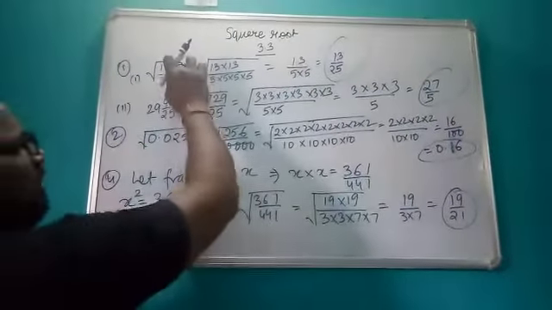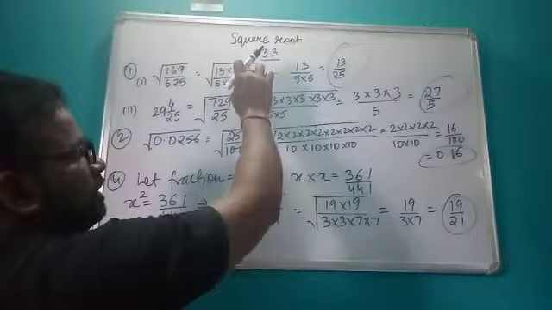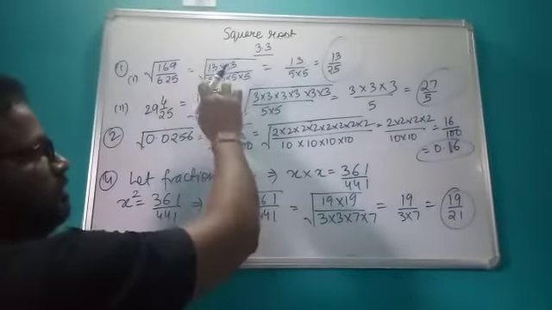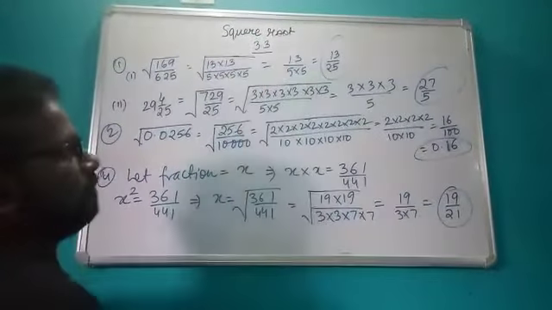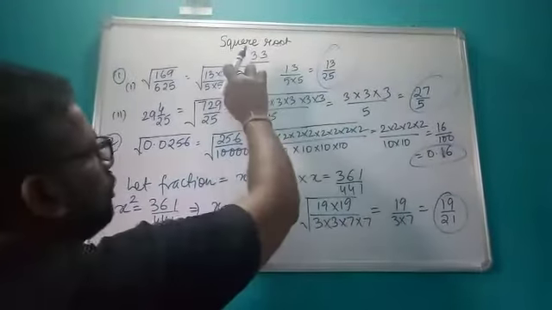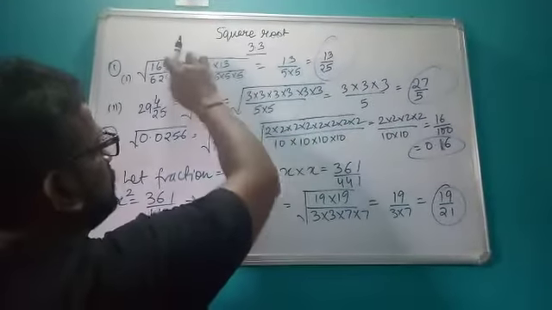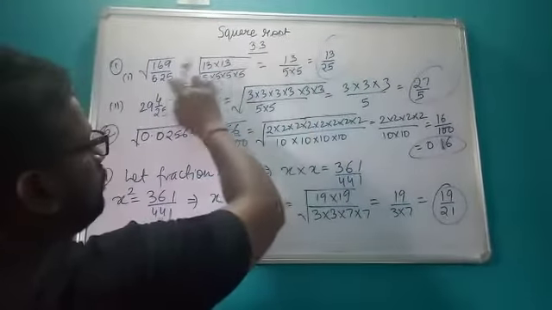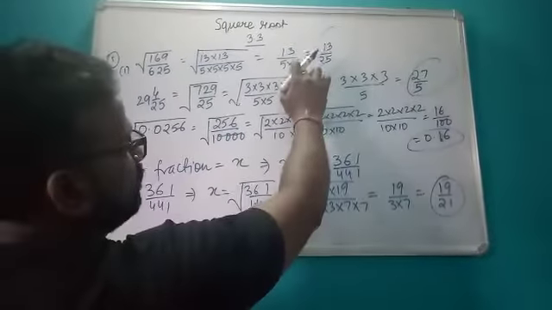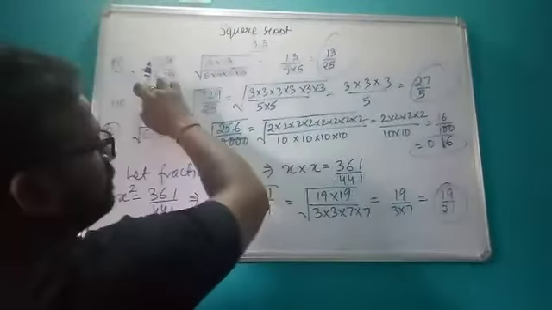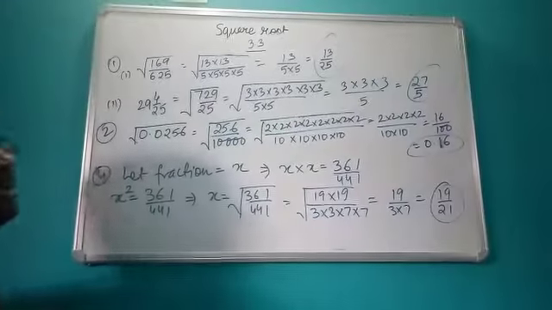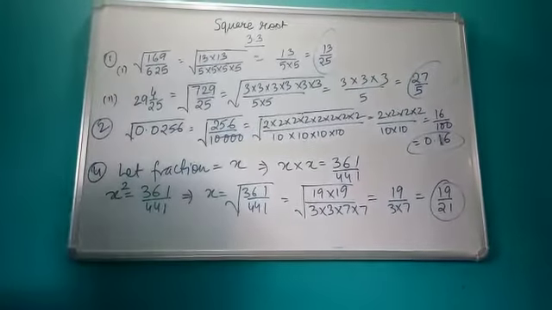Like the prime factorization of 169 will be 13 into 13, then 625 will be 5 into 5 into 5 into 5. Now what is the square root of 169? 13, and the square root of 625 you will get as 5 into 5, that is 25. So this is the square root of 169 upon 25.